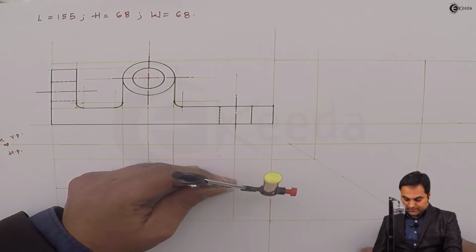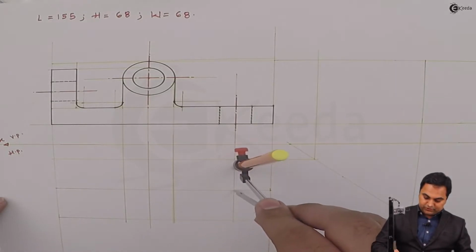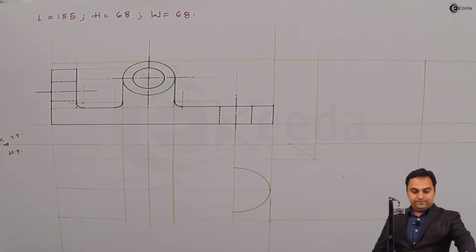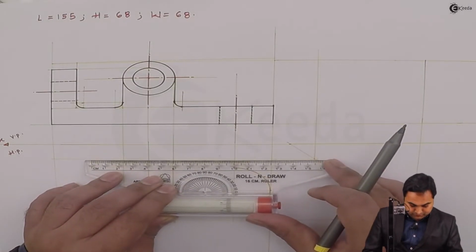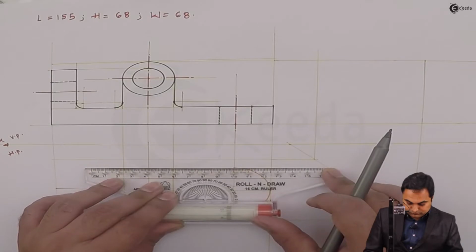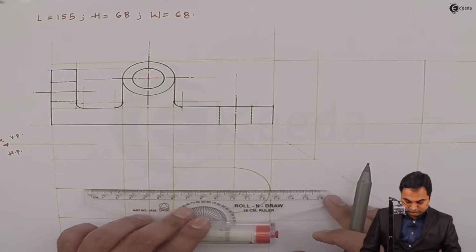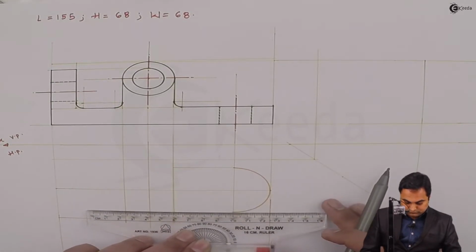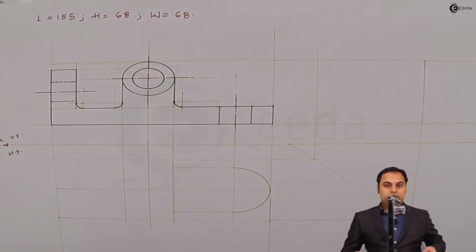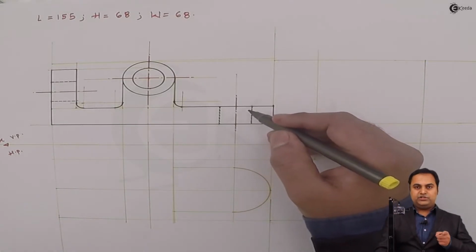Next, from the center here and keeping this radius, I'm drawing the semicircular portion. Light. Then drawing light horizontal line through it. Next, inside the semicircle there is another circle which was hidden in the front view.